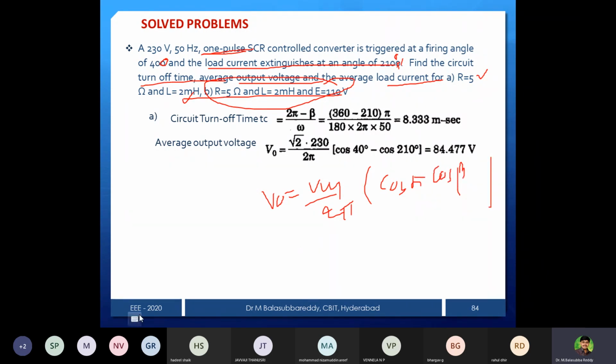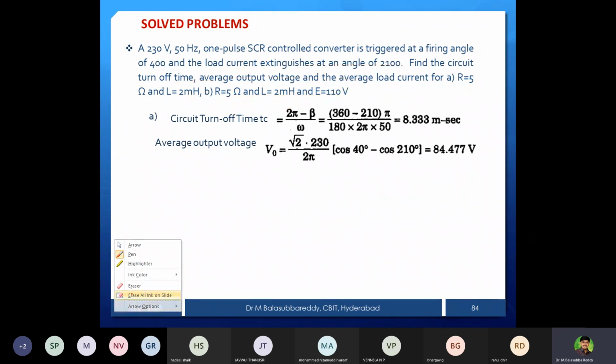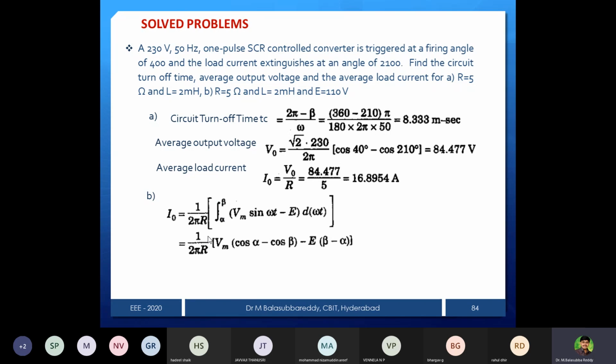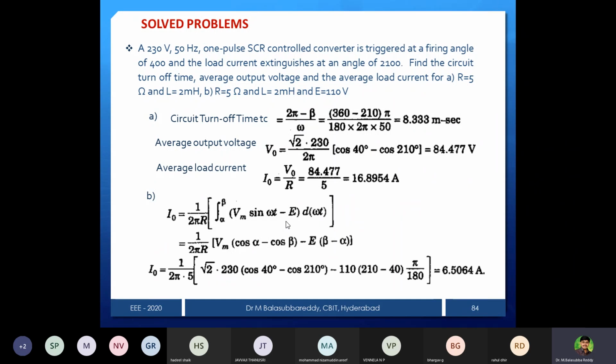You can just substitute and you will get the average output voltage, and the load current is that divided by R. Similarly, for the second part, you make use of the RLE load, so that expression will differ. See the current from alpha to beta, because it is discontinuous, because beta is given, and the minus E term will come. As usual E is also given as 110 volts, and we'll get the current.